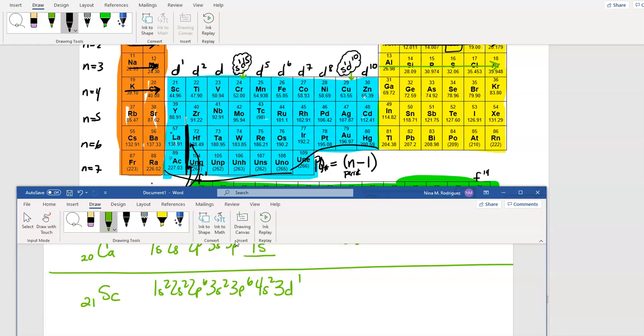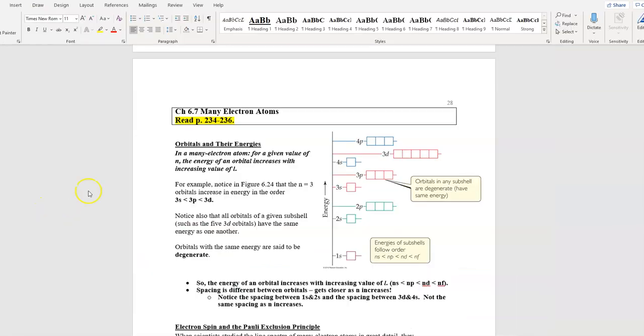Well, let's look at something called Mr. Notes. Hey, welcome back. 6.7 notes, see right here? We did this right here. See, when it gets 4s2, 3D actually has more energy than a 4s. Now you're thinking, wait a minute, a 3D has a lower quantum number. Shouldn't he be right here?